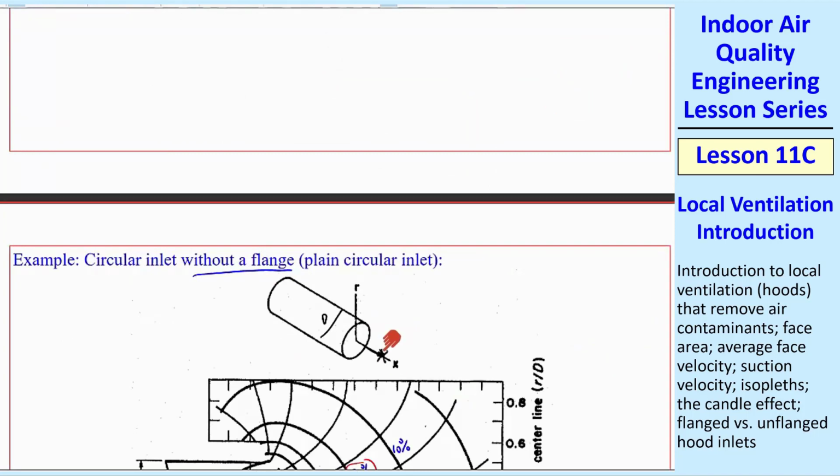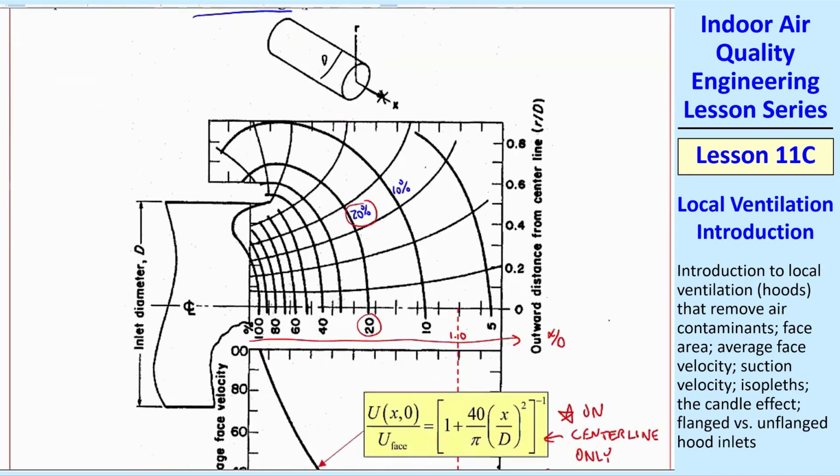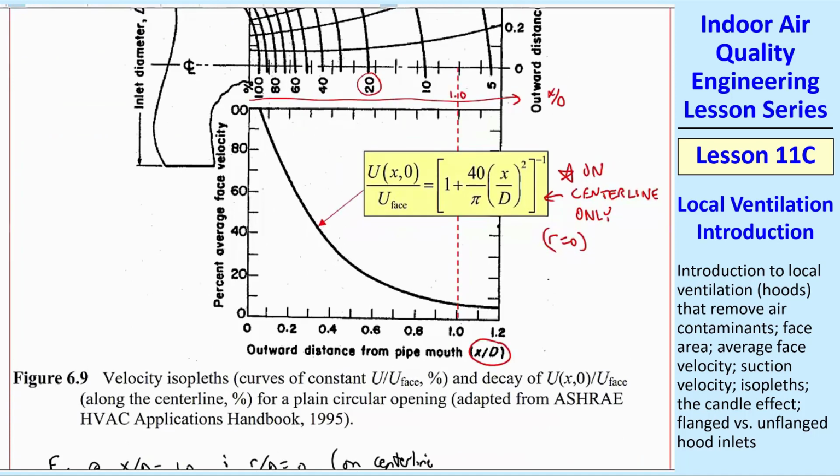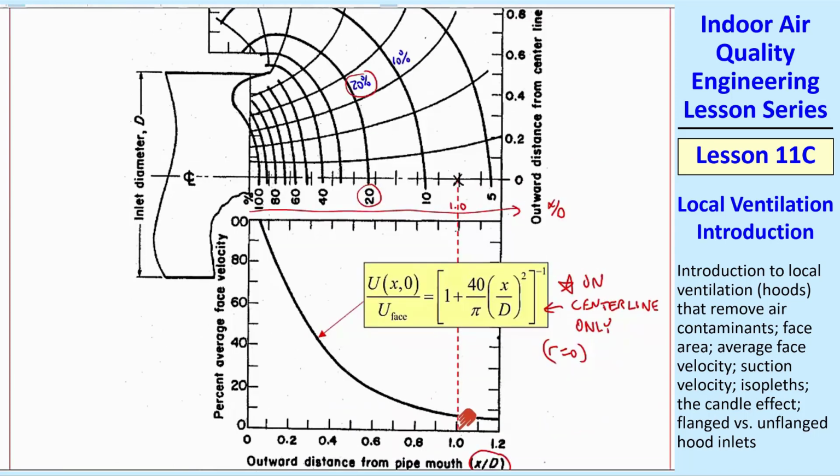So we're right there. What is the speed compared to the face speed, u face? We can either use the diagram or we can use the equation. If I use the diagram, I would say that I'm right at this point where we have 1.0, and I've gone up to 1.0 there.